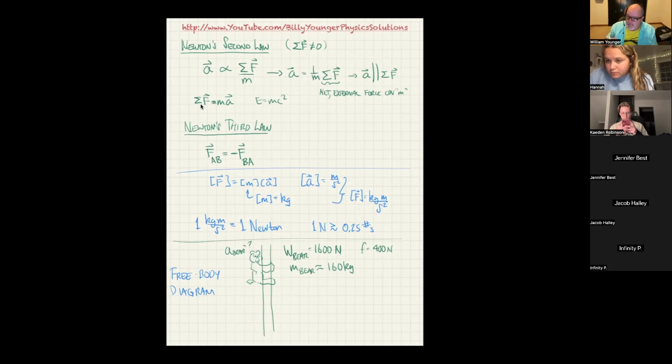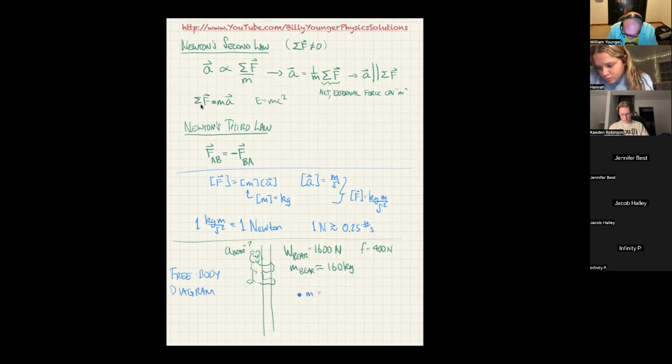All the forces are listed on there, and we usually draw a coordinate system. Later, when we learn about objects rotating due to torques, we might make the objects bigger and not be point balls anymore. They might actually be arms or squares, and we'll deal with that then. But for right now, I'm going to say this part right here represents the bear.